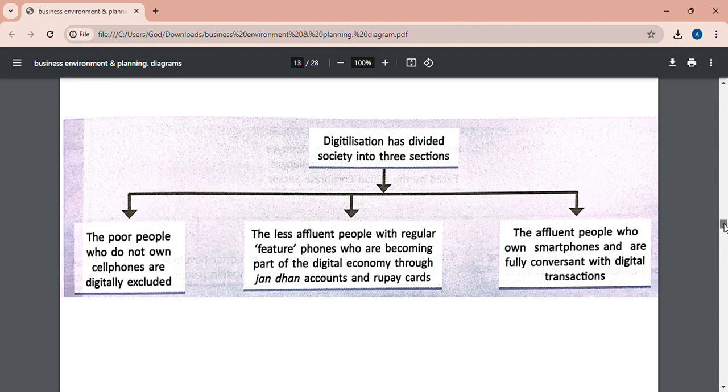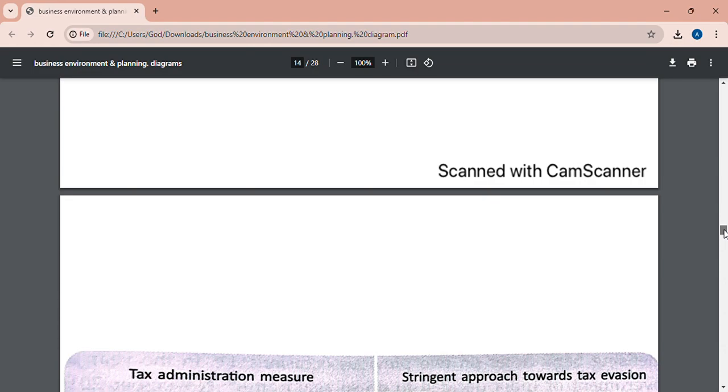Then what has happened? It led to Digital India, where poor people who do not own cell phones are now digitally excluded. Now you see many people have started using Paytm, ATM, all of these, which will increase due to demonetization.